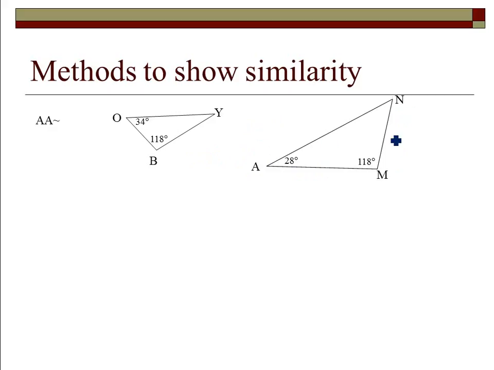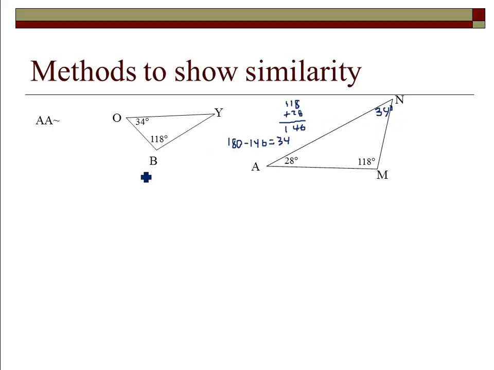If I figure out what angle N is, 118 plus 128 is 146, and 180 minus 146, because the sum of the angles in a triangle is equal to 180, I get 34. So angle N is 34, and now I've got my two angles that are going to match.